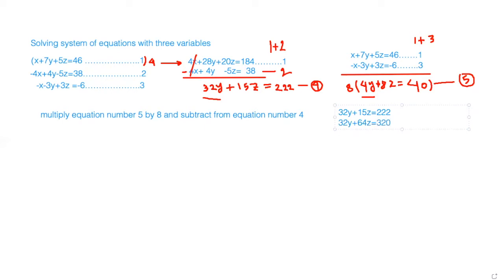So 8 times 40 is 320. So now we are going to subtract these two. When we subtract, we switch the sign for the elements in the second equation.